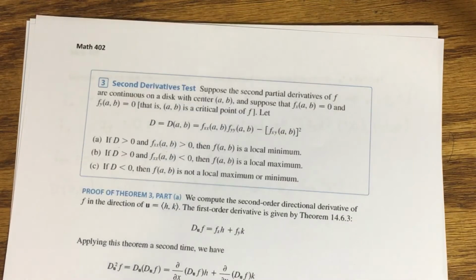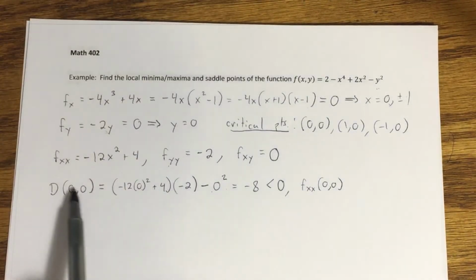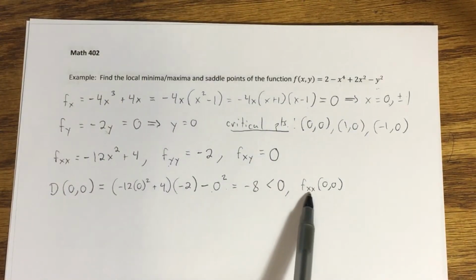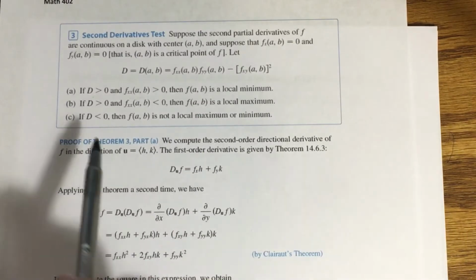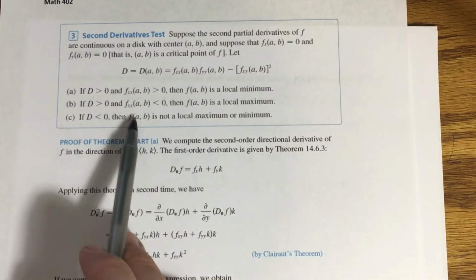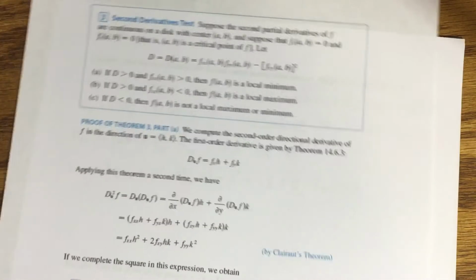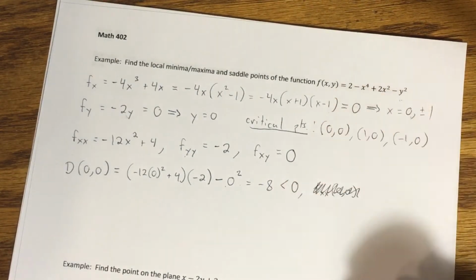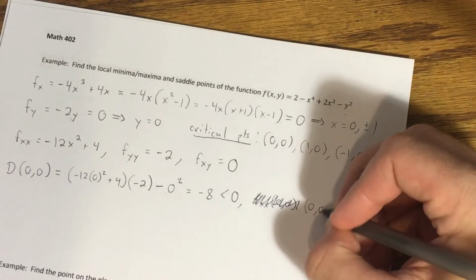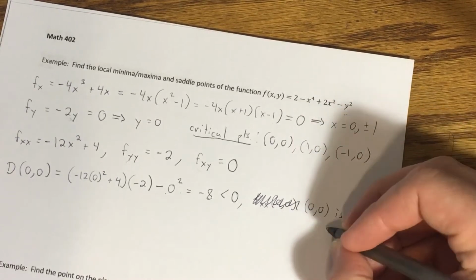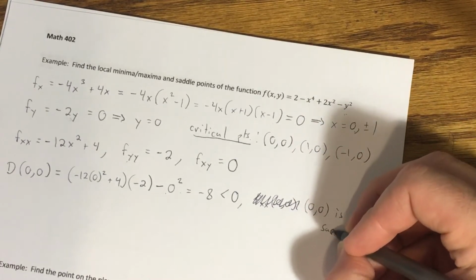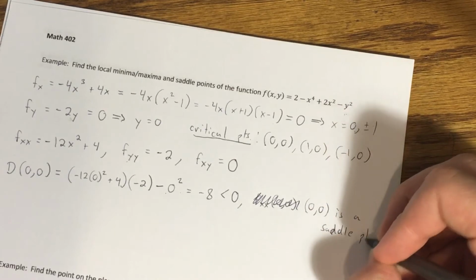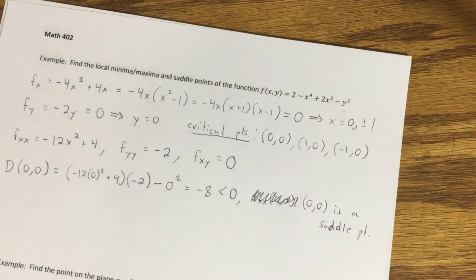Although, we just found that D is a negative number. So in our second derivatives test, if D is negative, that's the one case where we don't care what's happening with fxx. We can actually skip that, and immediately we know that 0, 0 is a saddle point, according to our second derivatives test.